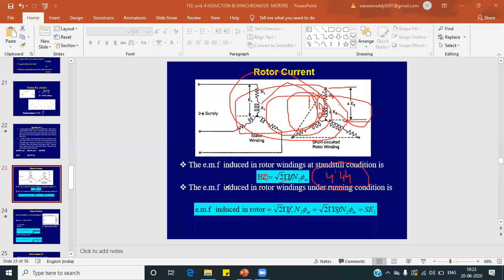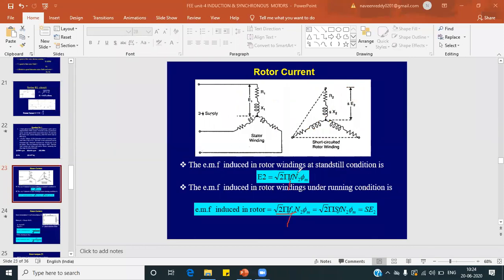Now see the EMF under running conditions. You see root 2 into pi, and what is this frequency? This is the rotor frequency, FR. The number of turns doesn't change and the flux doesn't change. What is the FR formula? That is S into F. So E2 gets multiplied by S, and that is ER, so this is SE2.